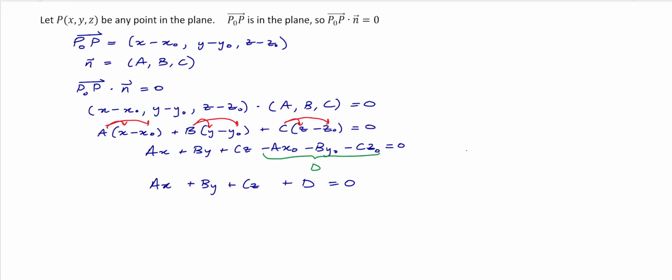And I know that my d was simply this constant right here, which is negative ax naught minus by naught minus cz naught. So d is equal to negative ax naught minus by naught minus cz naught.